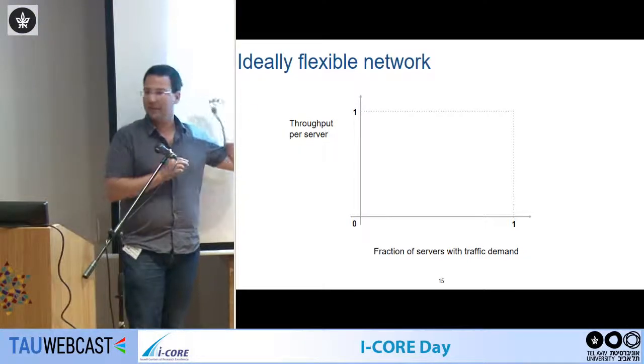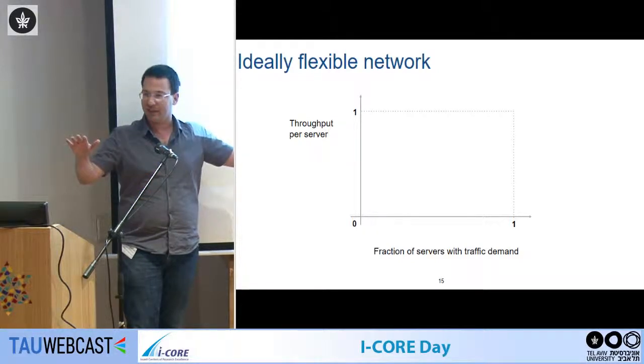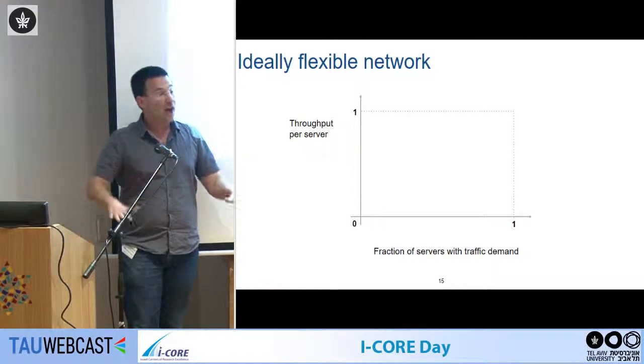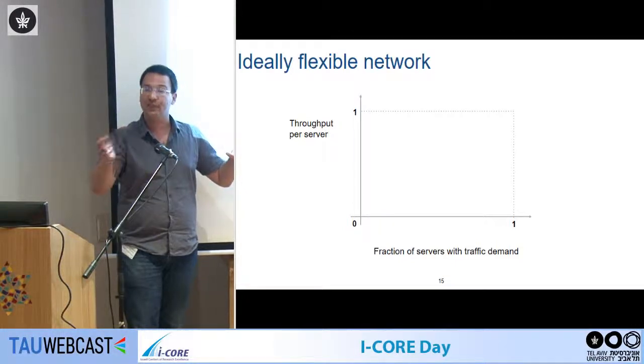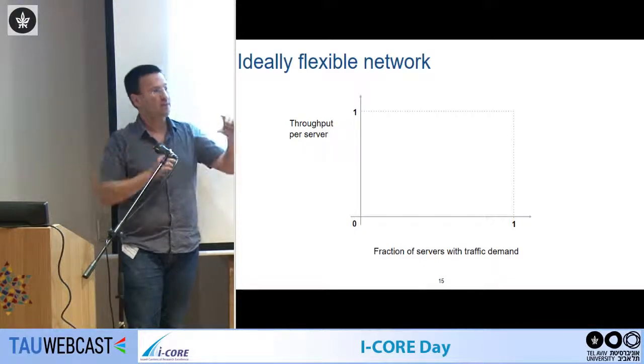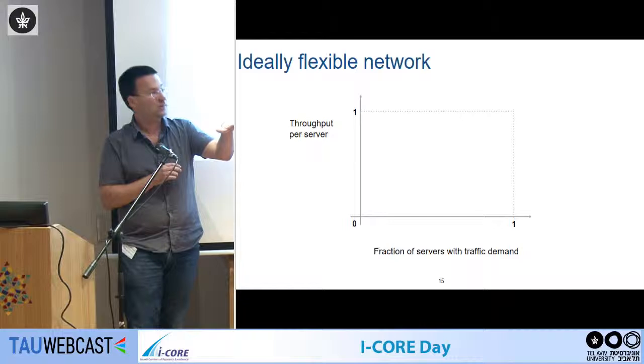So we have link capacities 1, the demands are 1, and we just want to send traffic through the network. We care about what's the throughput that all servers can achieve simultaneously. So alpha means every server is able to send alpha units simultaneously.